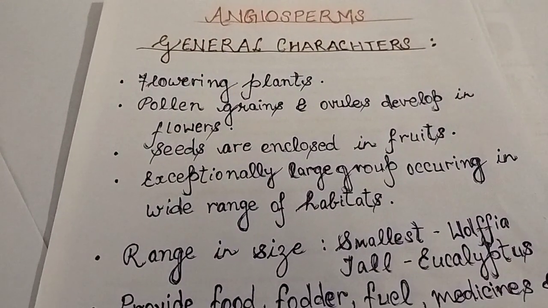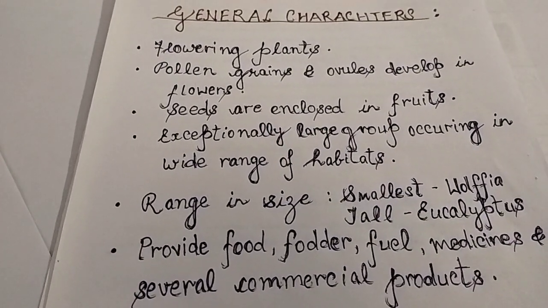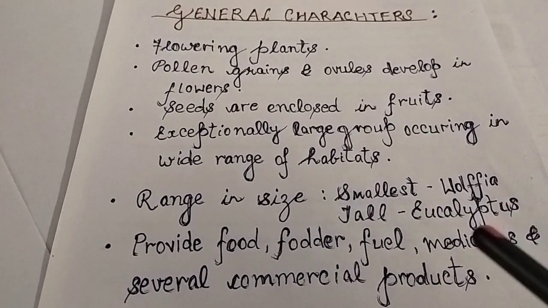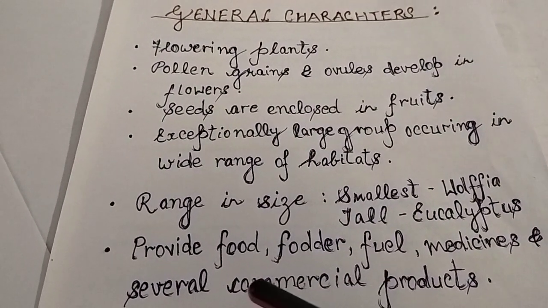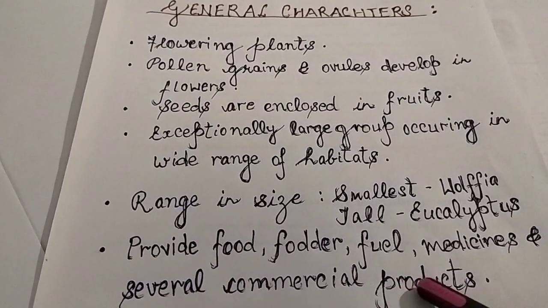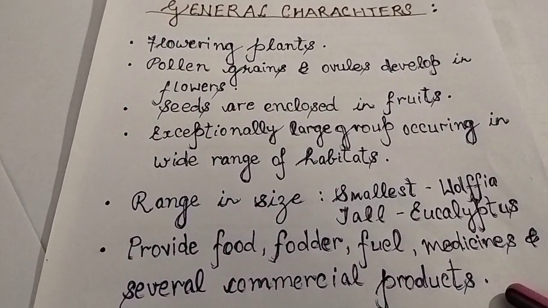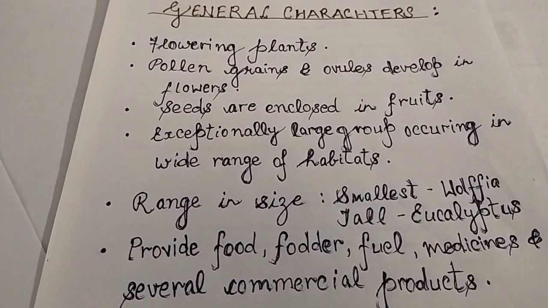And you might all know by now, we have studied since smaller classes, since childhood, that these angiosperms provide us with food, fodder, fuel, medicines and several other commercial products.